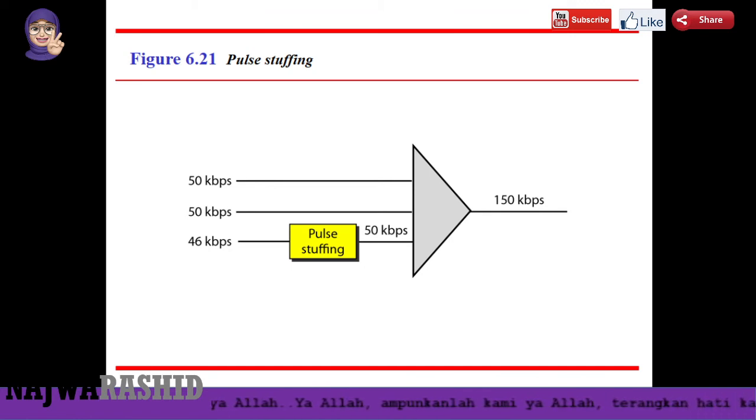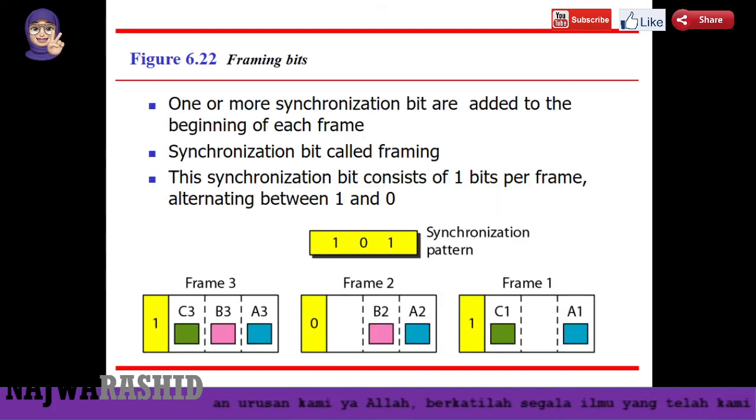So what we can do is pulse stuffing until the rate goes to 50 kilobits, then we multiplex the channels together. Okay, so that's how we do the TDM technique if the data rates are not similar.